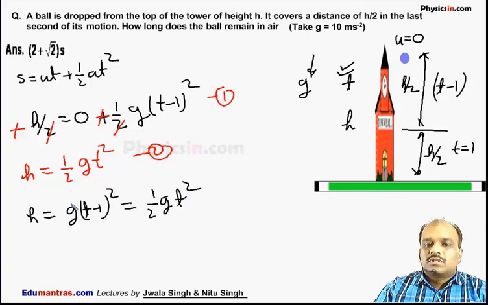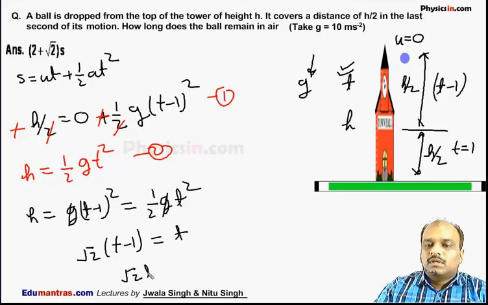So this g will cancel out from these two expressions 1 and 2, we get root 2 into t minus 1 is equal to t. So it is root 2 t minus root 2 is equal to t.